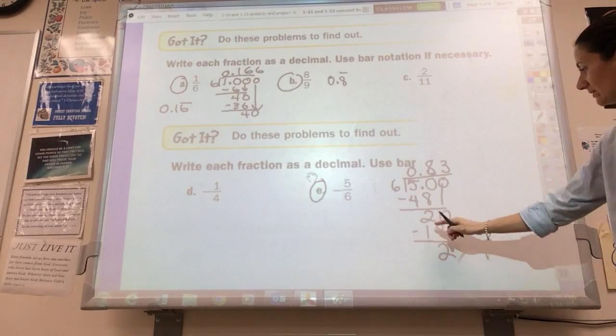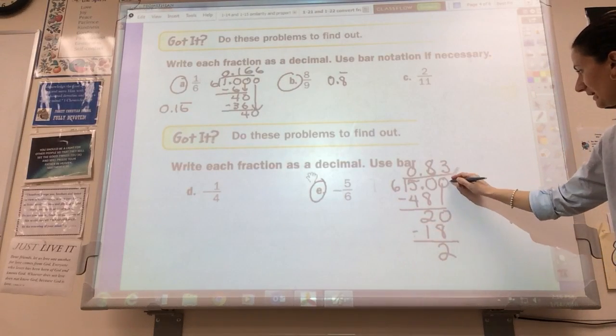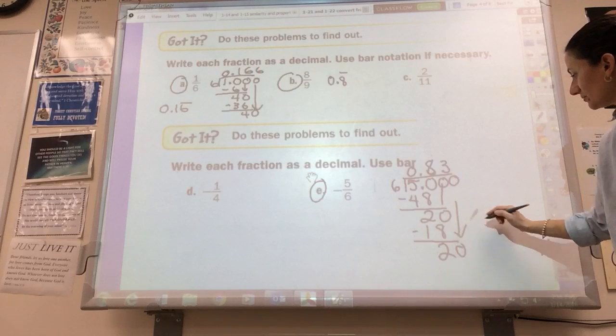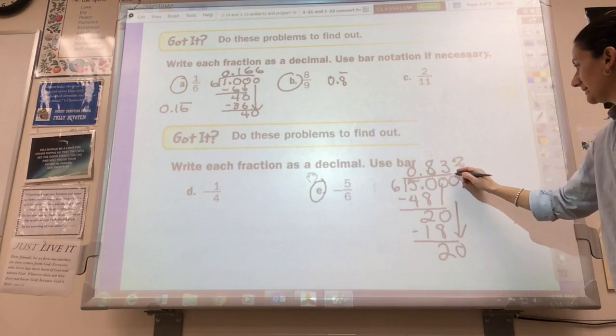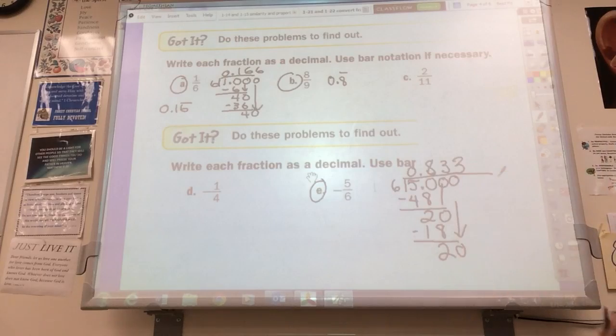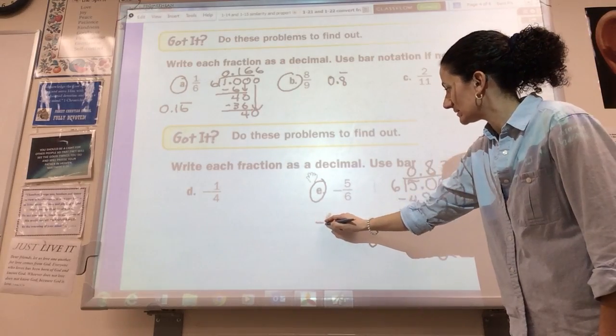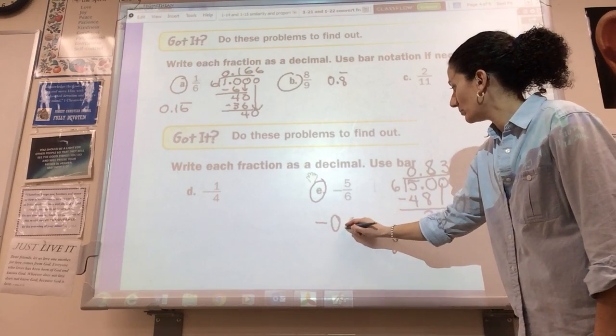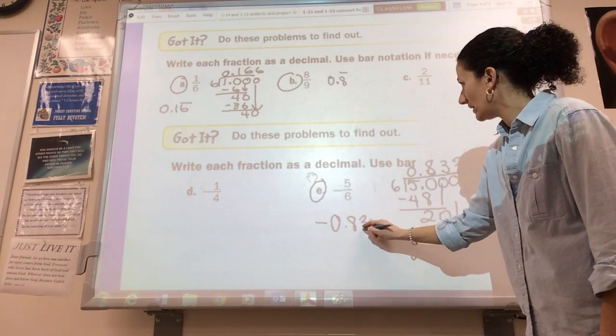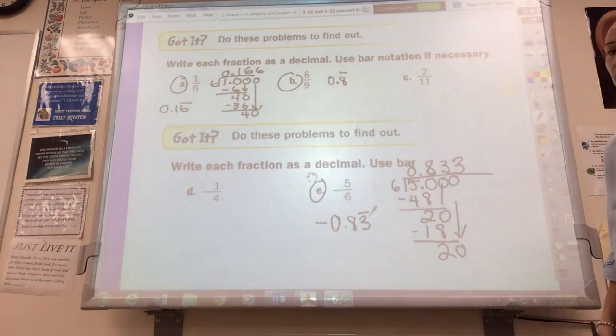And here it is again, the 2. The 2 is repeating. If I drop another 0, it's going to be 3 again. 6 goes into 20 3 times again. So negative 5/6 as a decimal is negative 0.83, and your bar should be over the 3.